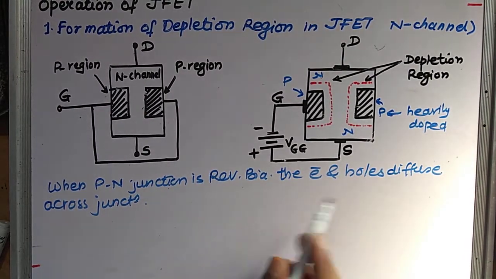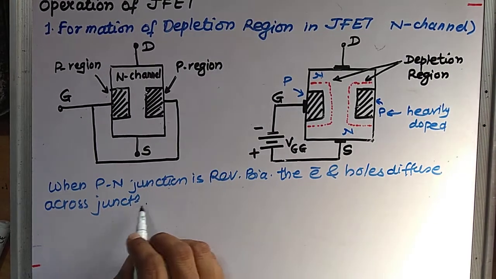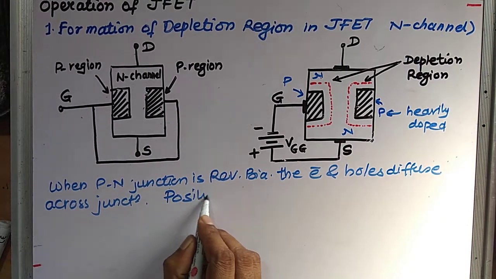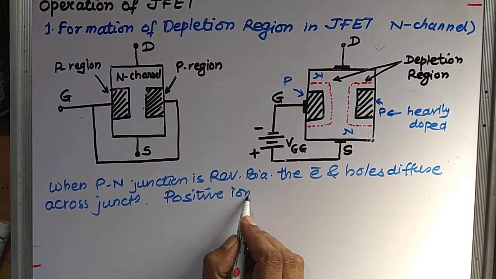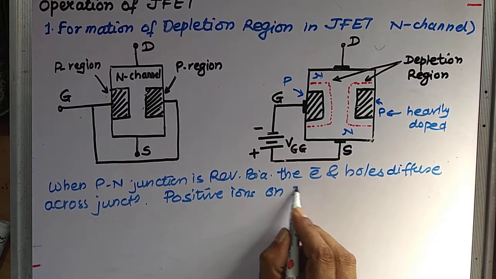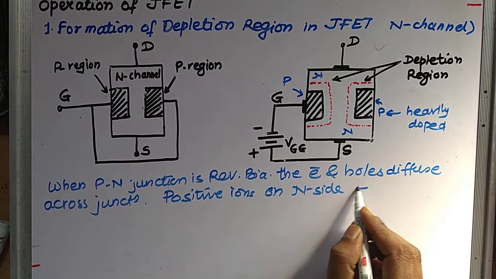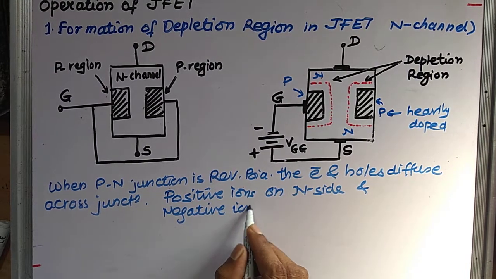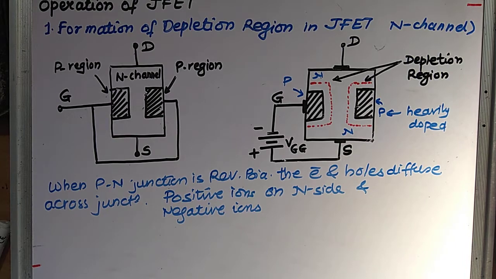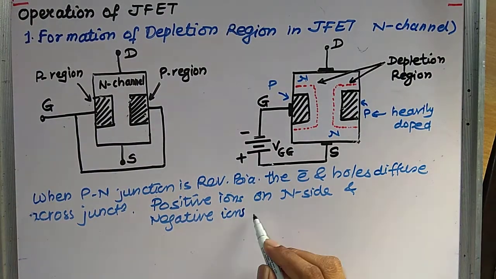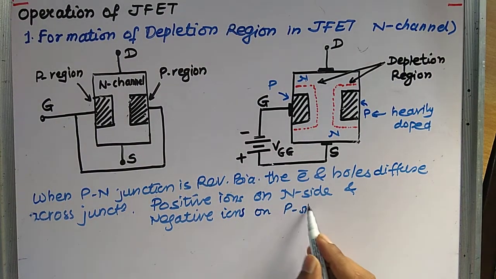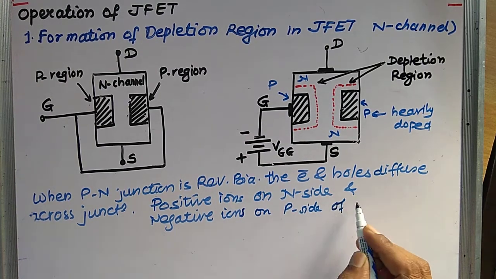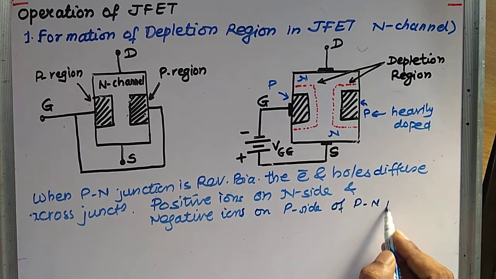So when the electrons and holes diffuse across the junction, they leave behind the positive ions on N side and negative ions on P side of PN junction.